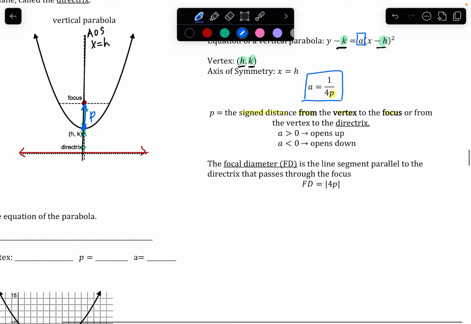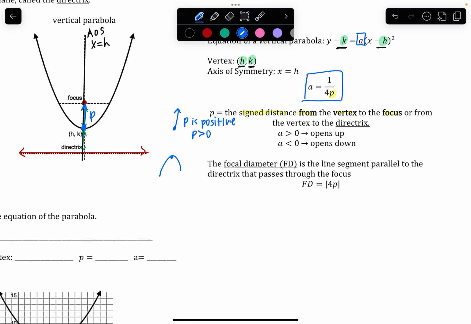It's important because if it's opening up, your p-value is positive. If it's opening down, the p-value would be negative.